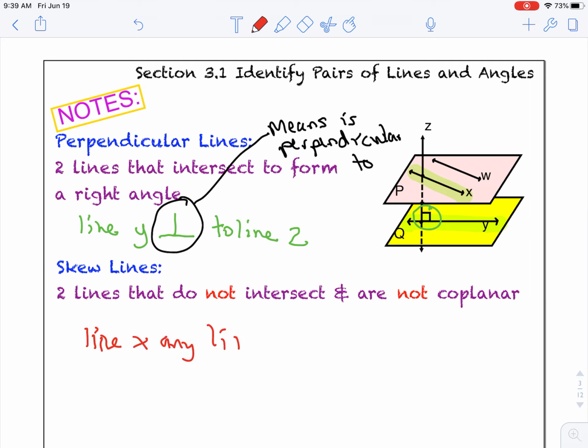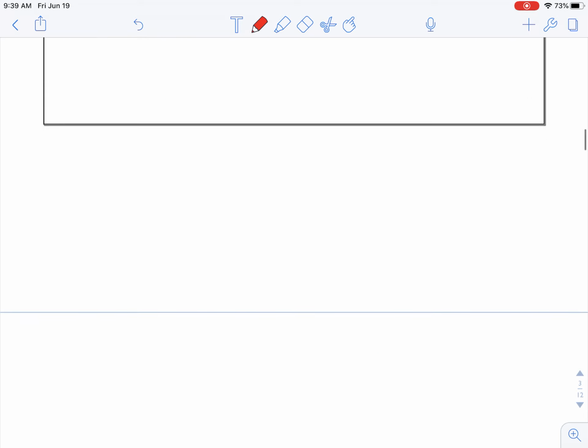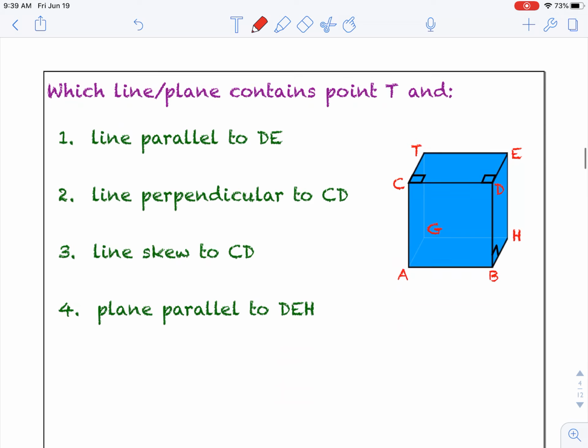So we can say that line X and line Y are called skew.